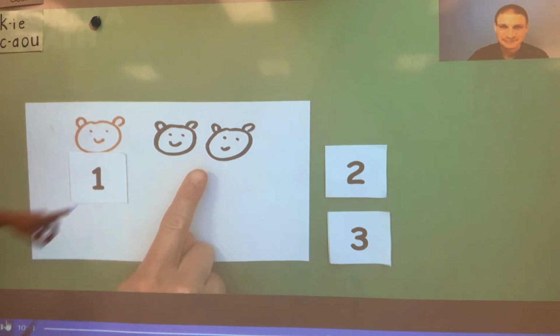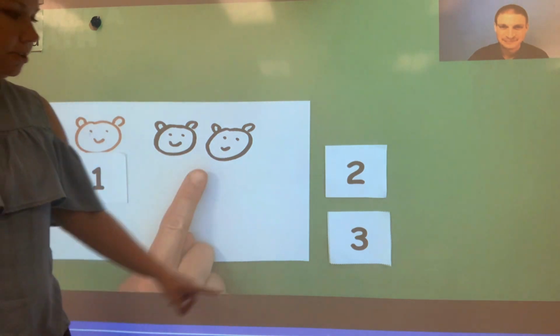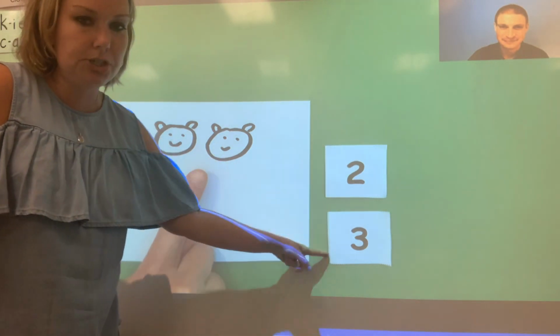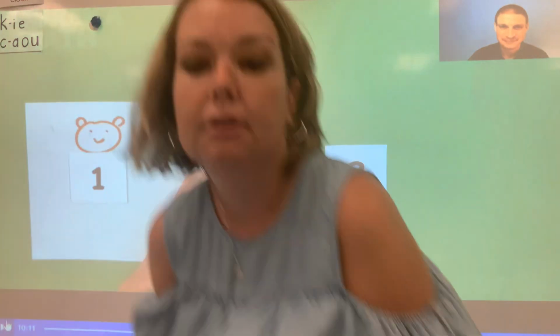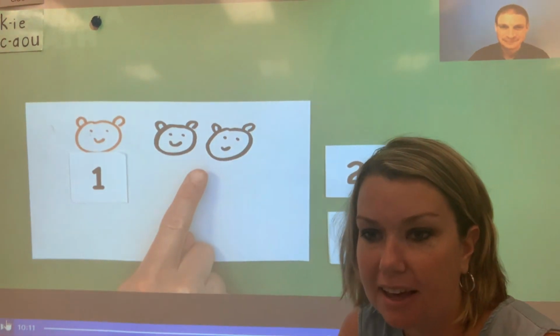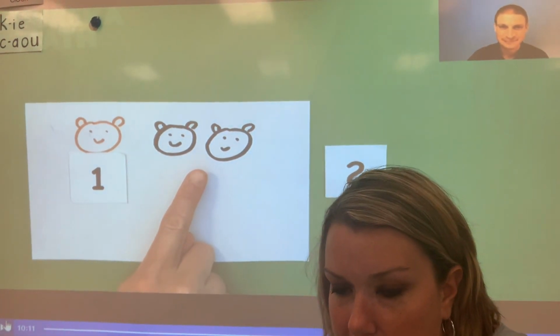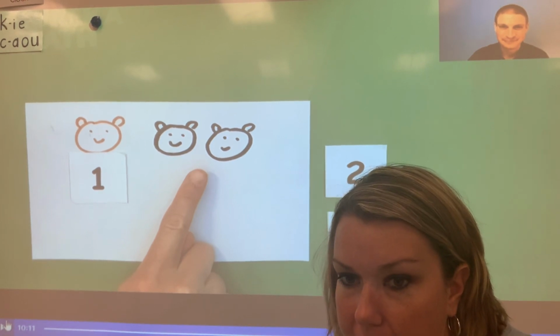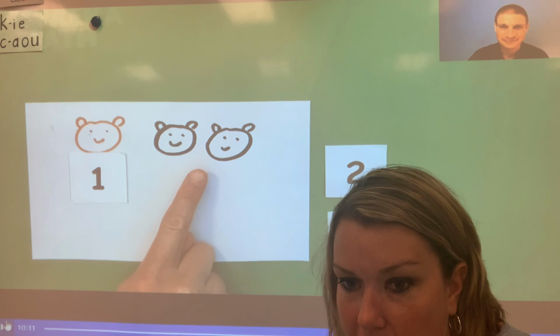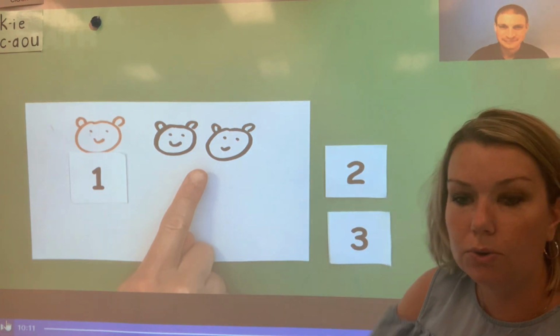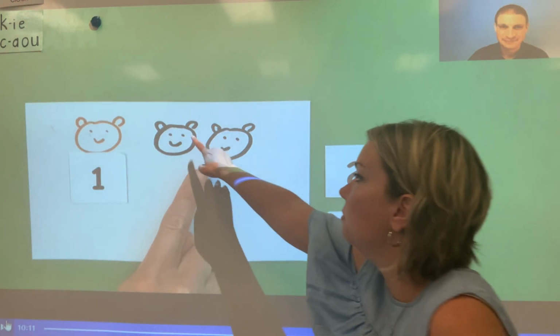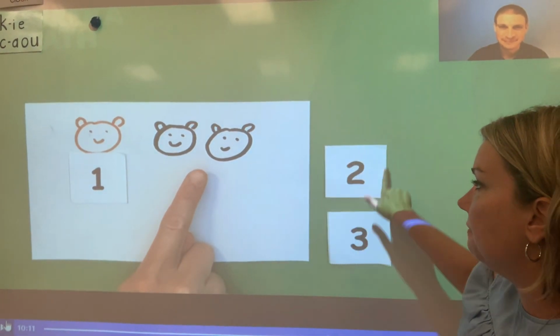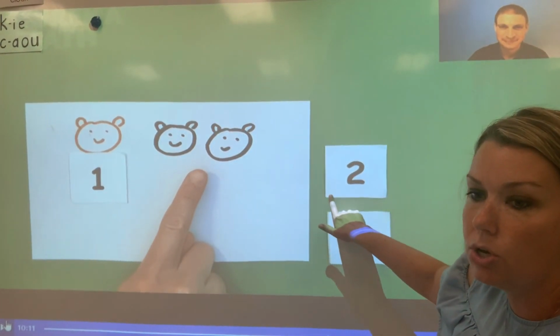Look at where he's pointing. Show me on your fingers which one shows the black bears. Ria's got it. How many black bears are there? Good job, Ada. Good job, Russell. How many black bears? 2. Good job. Leslie, we have 2 black bears, so we're looking for the numeral 2.